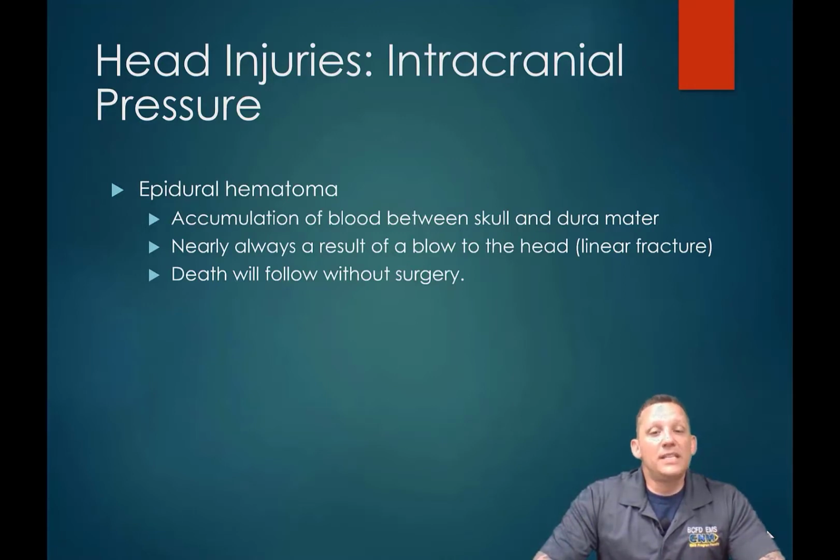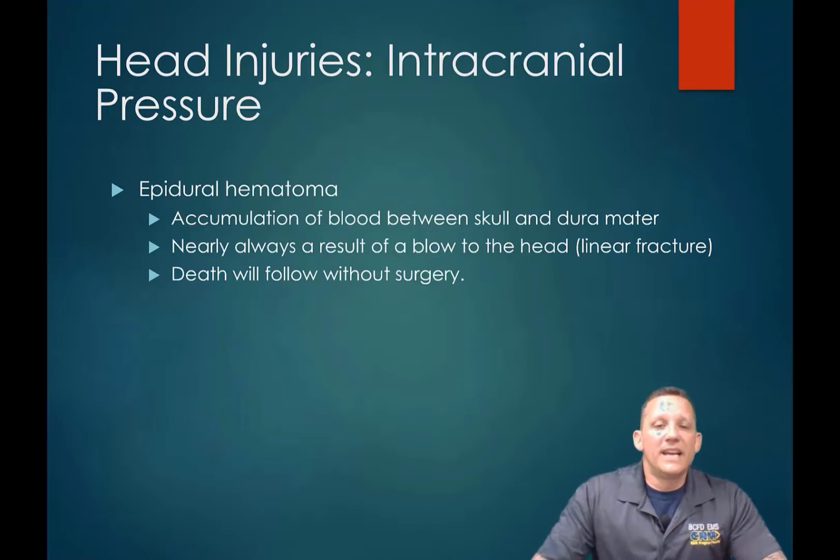If we add 50 cc's of blood between the dura mater and the skull, something is being compressed. So not only do we have the injury that caused the bleed, but we're going to have an injury because we're putting pressure against tissue that is very delicate. As that tissue starts to die away, the bleeding will continue unless it's clotted off. It's kind of like a compounding spiral of negativity.